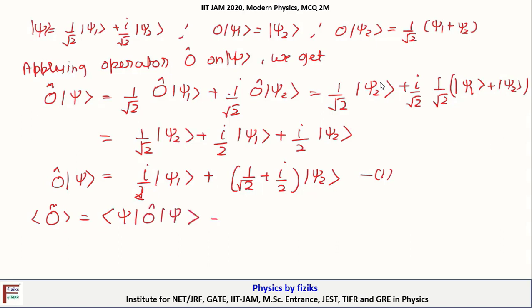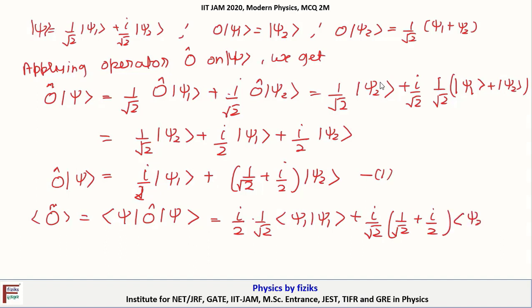Now we would have i by 2 root 2 psi1 with psi1 plus i by root 2 times 1 by root 2 plus i by 2 into psi2 dot psi2.